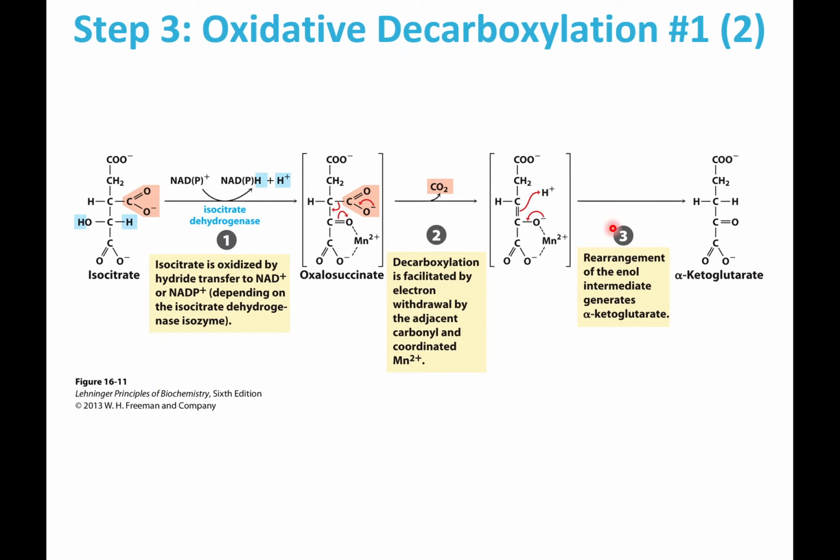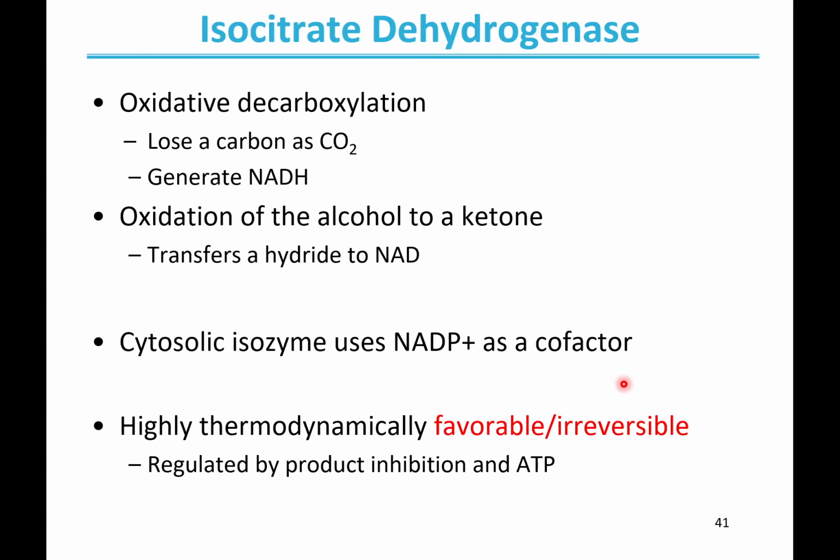We're taking isocitrate and producing alpha-ketoglutarate, which you can sometimes see abbreviated as alpha-KG. Again, first oxidative decarboxylation: lose a carbon as CO2, and you generate an NADH.